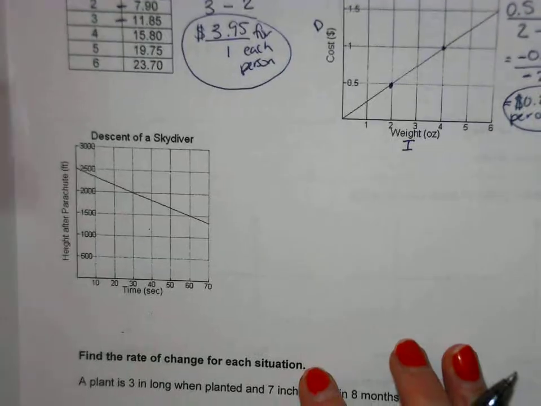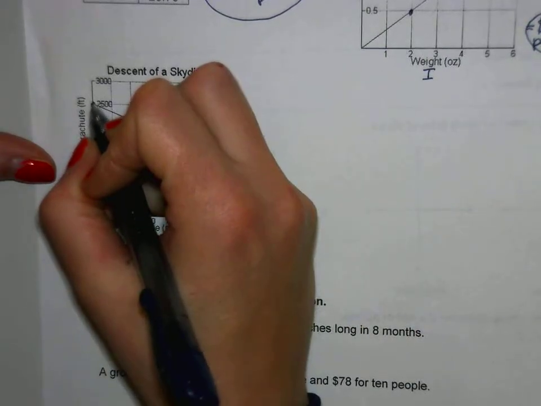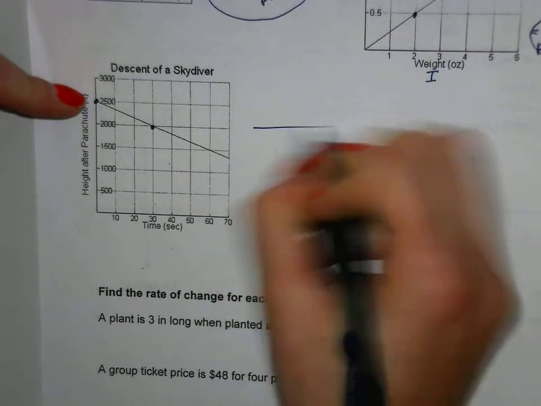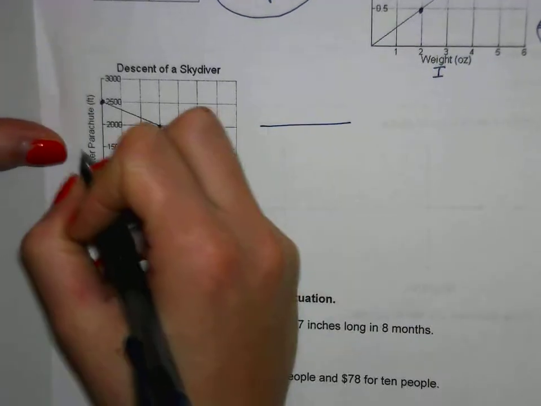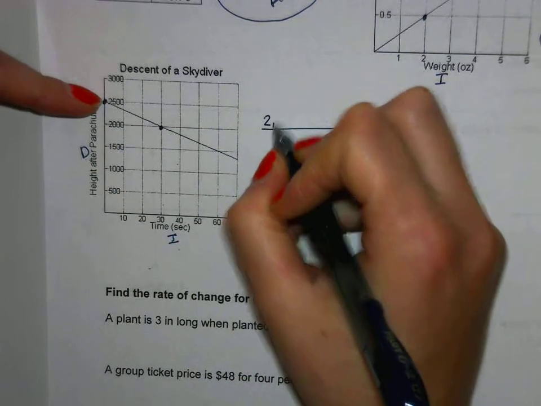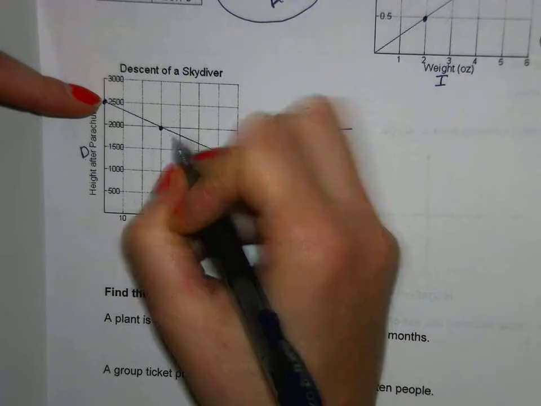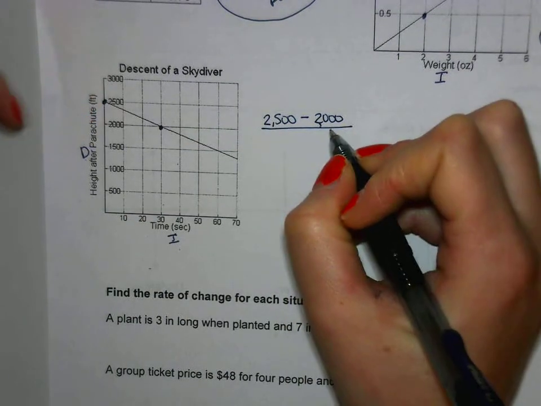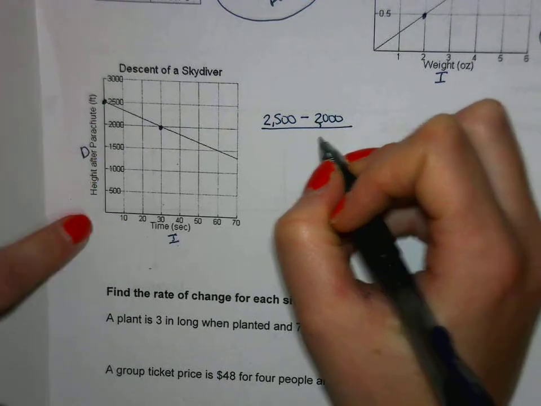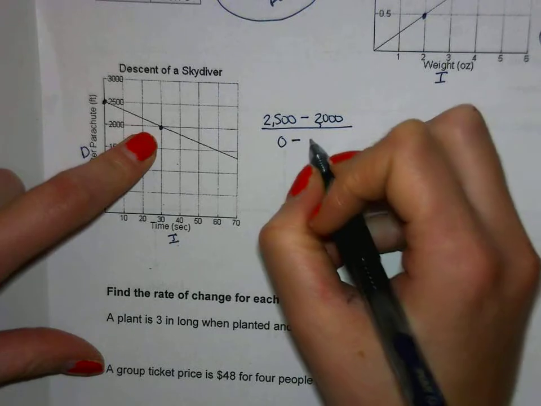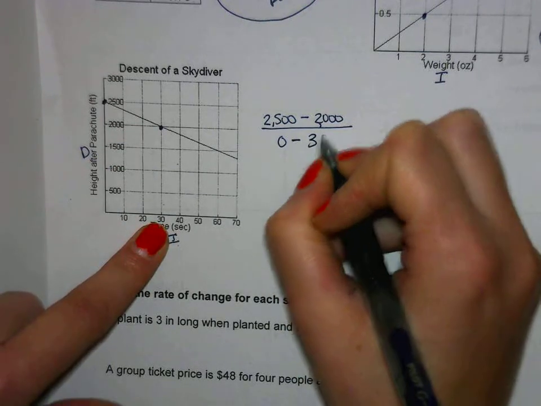So let's take a look at this last example. We have a point there and a point here. So we look at our rate of change. This is my independent, this is the dependent. The dependent on top, we have 2,500 minus the dependent, which is at 2,000, all over my independent, this one's at 0, minus my independent, which is at 30.